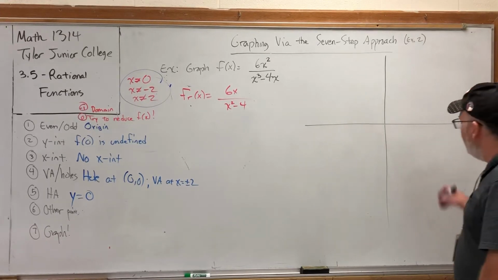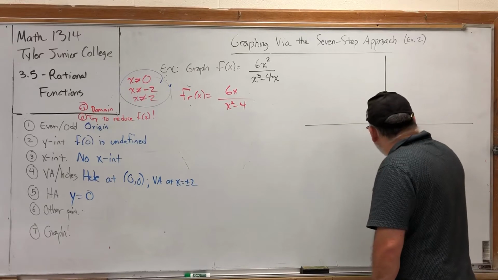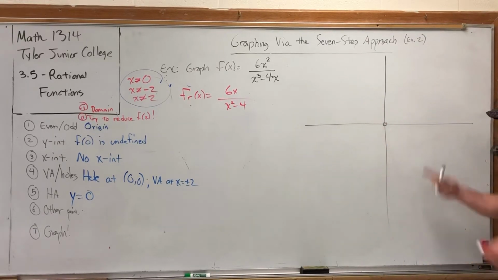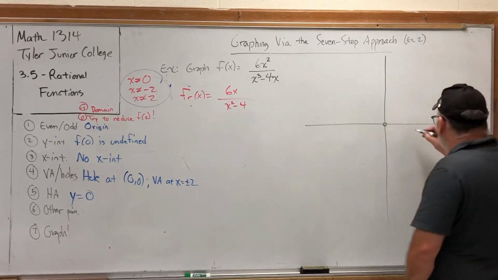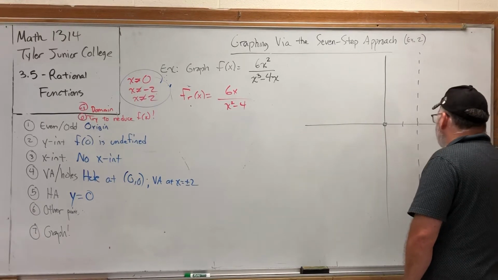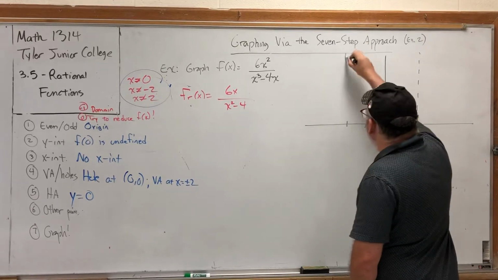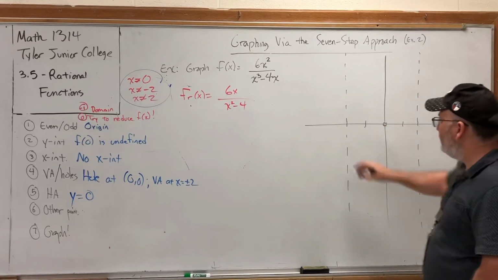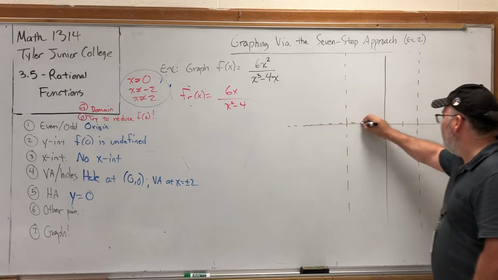We do have a hole at the origin. Everything that was trying to be an intercept couldn't be because of that hole. We have a vertical asymptote at 2 and -2. Or rather, I should say we have 2 vertical asymptotes. One at 2, one at -2. And we have a horizontal asymptote at y equals 0. That's also known as the x-axis.